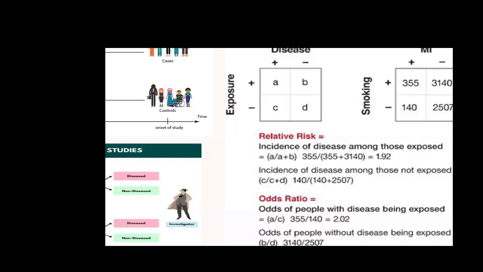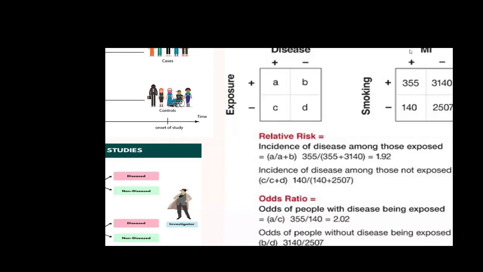On the other hand, if we go for the cohort study, then we have an exposed group and an unexposed group, and then we follow for a certain period of time, and then we find the disease and non-disease. So the difference is that in cohort studies we find the relative risk, and in case control studies we calculate the odds ratio.